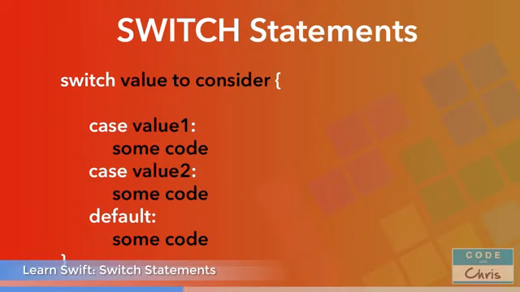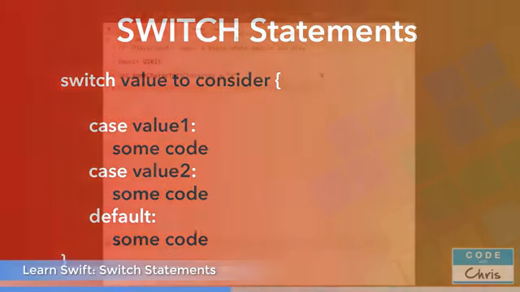Then you open up a pair of curly brackets. Inside these curly brackets, you have different case labels. If you wanted to consider the case where the value is an A, you would have case A, then a colon, and you would have something to do if it were that case.